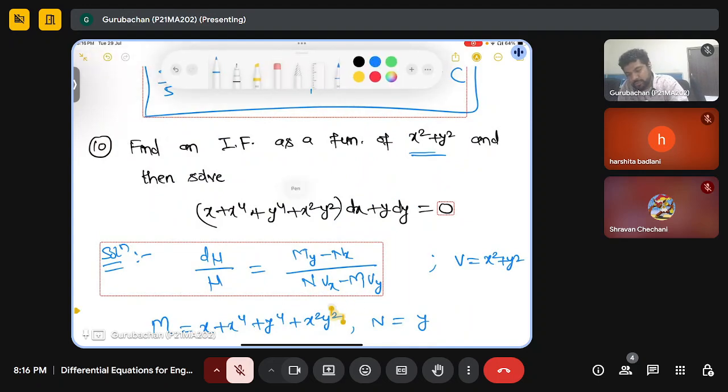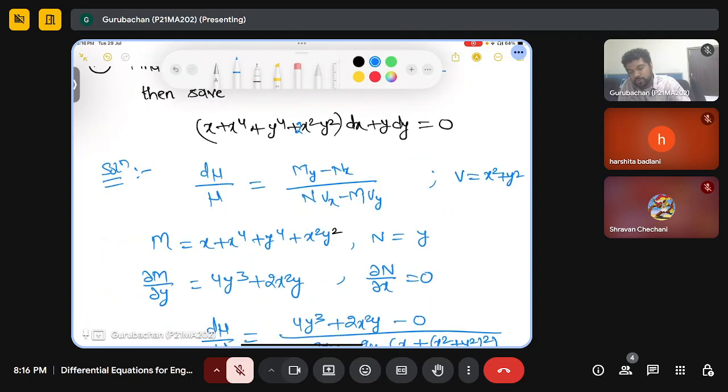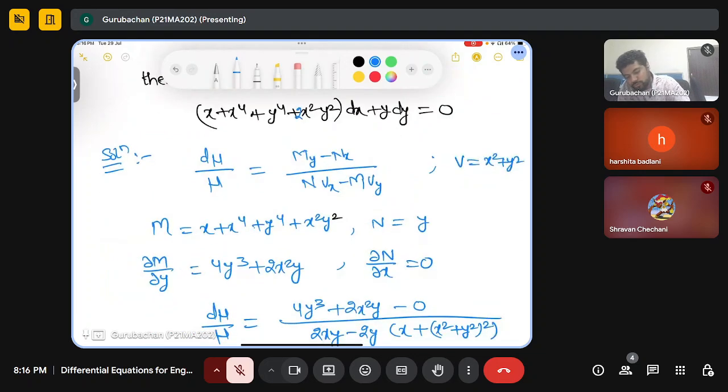So here it would be 2. So if it is 2, it will be 4.